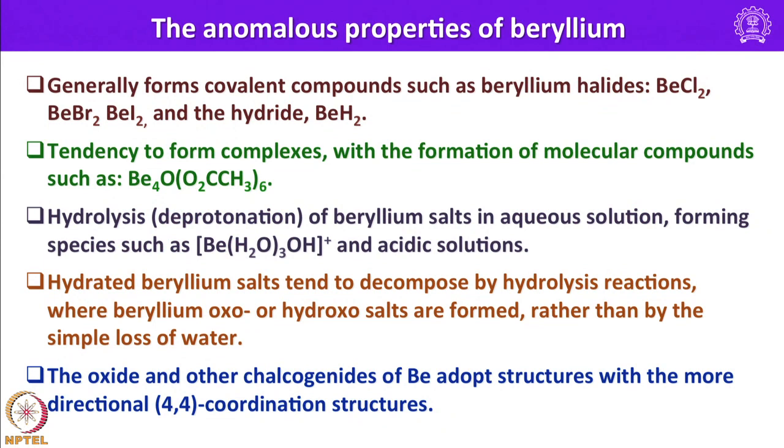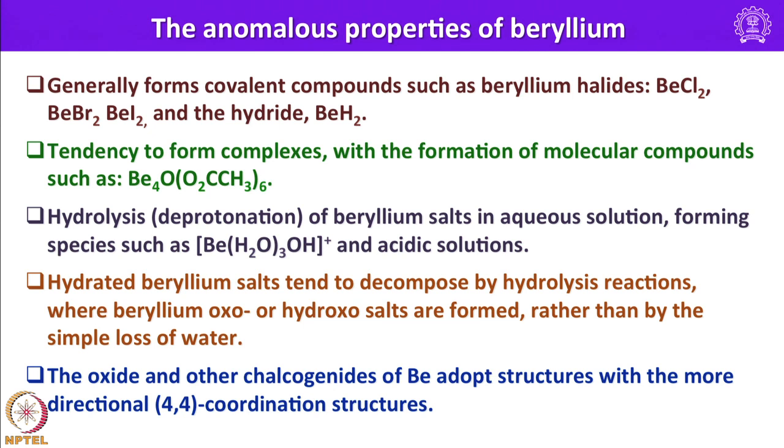Hydrolysis of beryllium salts in aqueous solution leads to the formation of species such as [Be(H2O)3OH]+ and acidic solutions, and hydrated beryllium salts tend to decompose by hydrolysis reactions where beryllium oxo and hydroxo salts are formed rather than by the simple loss of water.